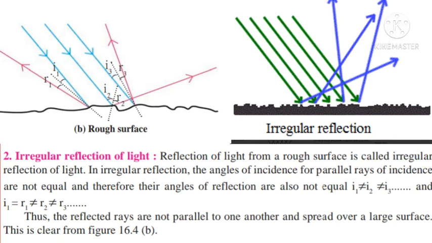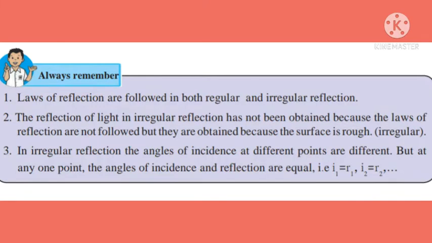We can see this in the picture. So, in irregular reflection of light, the angle of incidence is not equal to the angle of reflection across different rays. Now, always remember, the laws of reflection are followed in both regular and irregular reflection.